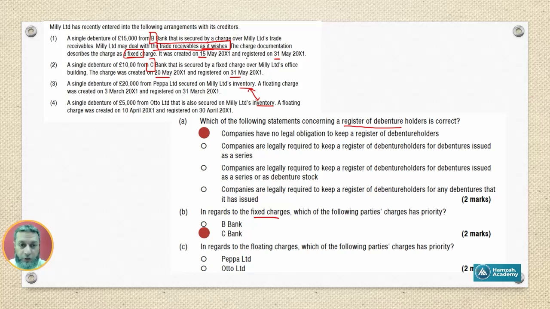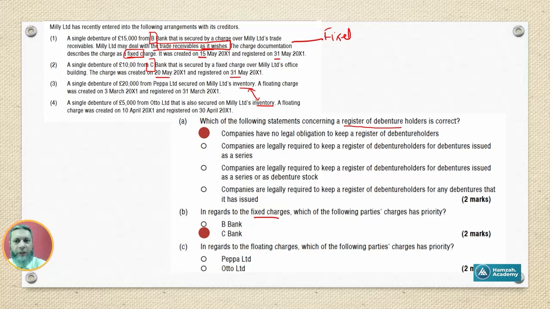So there is a tricky position. If we consider the first charge, this one, to be fixed, as the documentation says, then the answer should be B bank. Why is it C bank? The reason is that the title of the document is not the true identification.